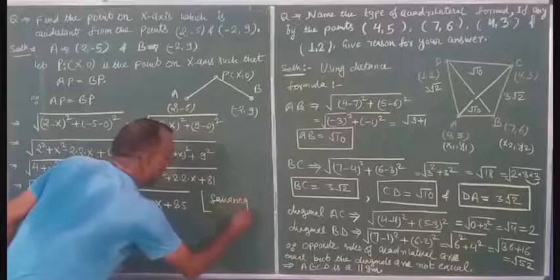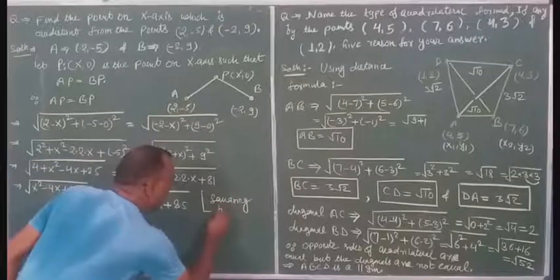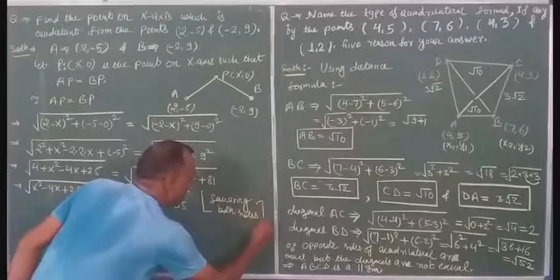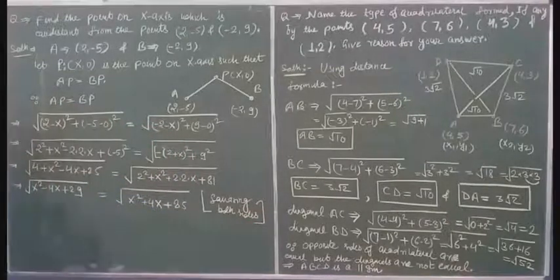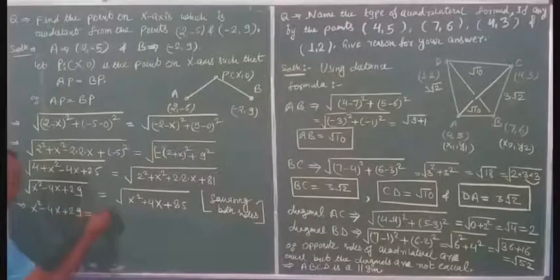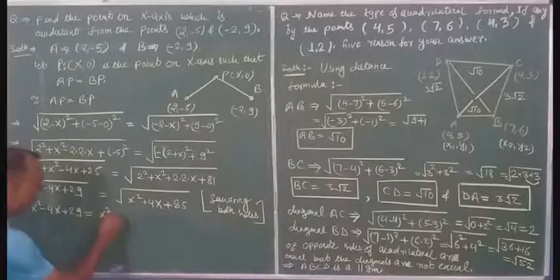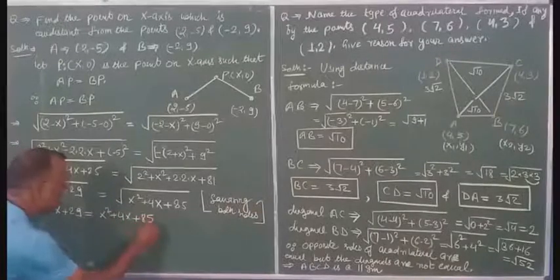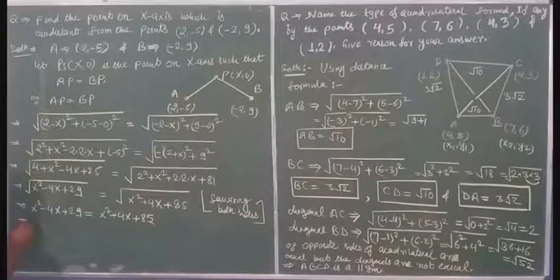So we get x square minus 4x plus 29 is equal to x square plus 4x plus 85.